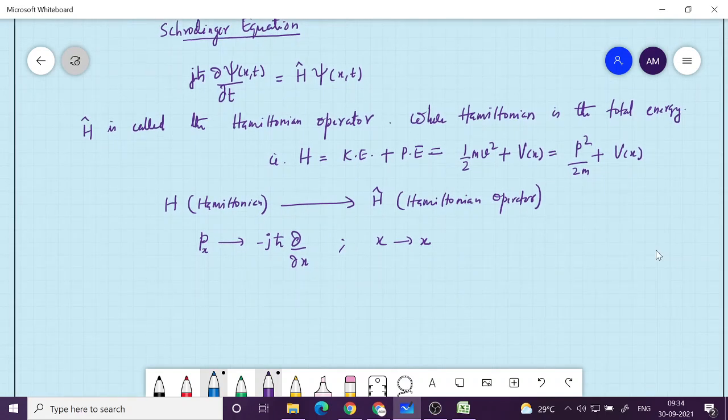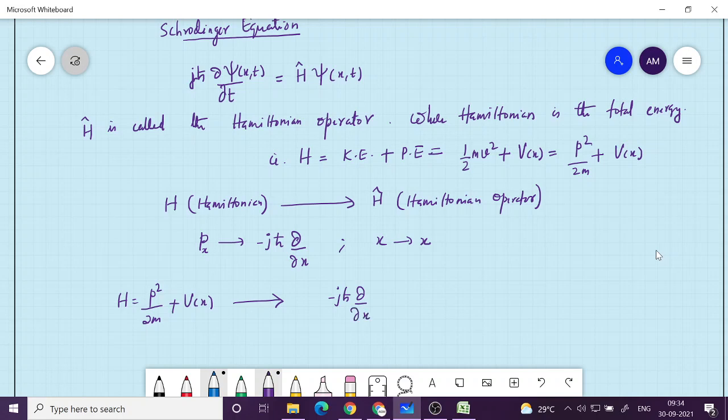So H was basically p square by 2m plus V of x. So what will that become? That will become minus j h bar ∂/∂x.